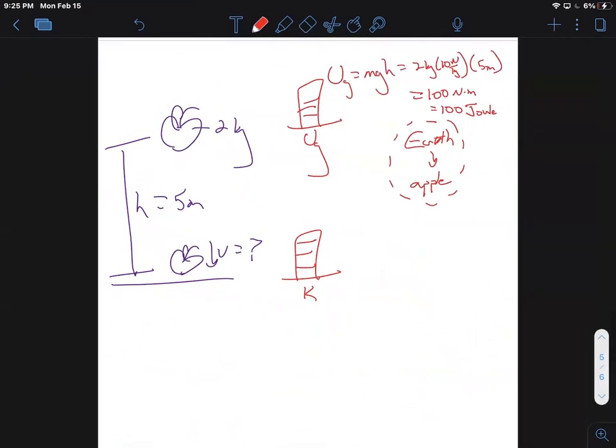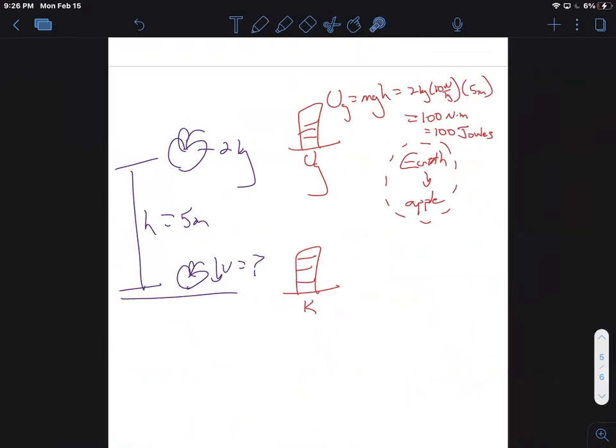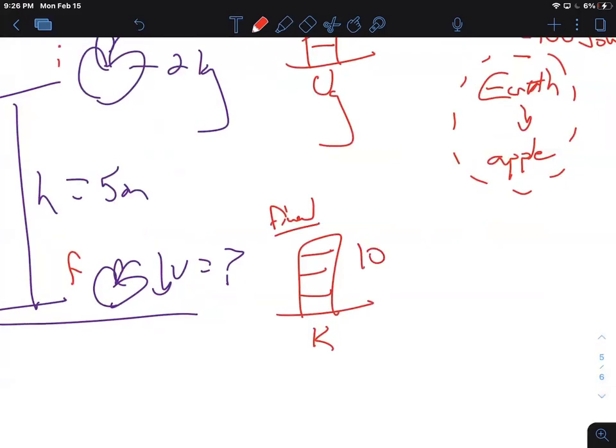All right, well, conservation of energy says 100 joules of energy beforehand as potential. I now should have, this is my initial, this is my final. Here we looked here, and here we looked here. I should now have 100 joules of kinetic energy.